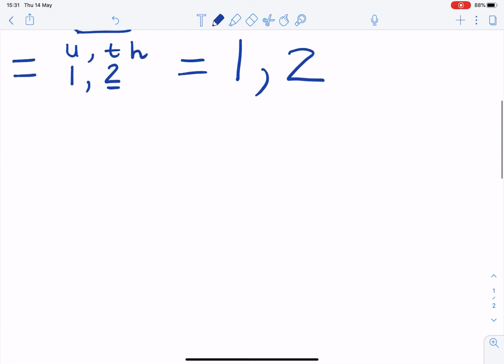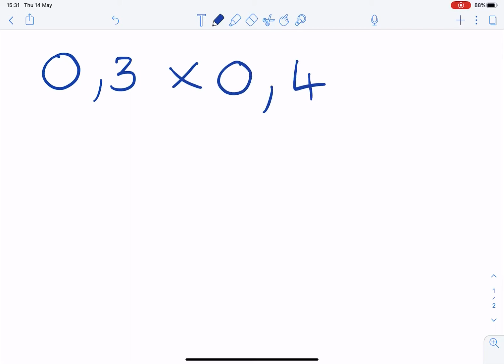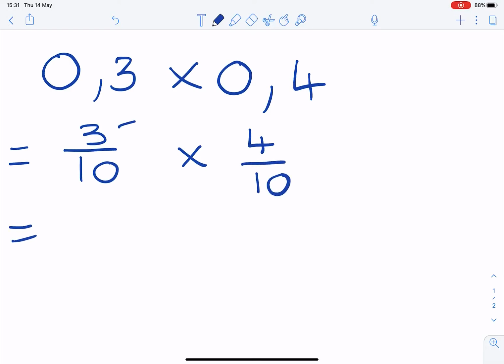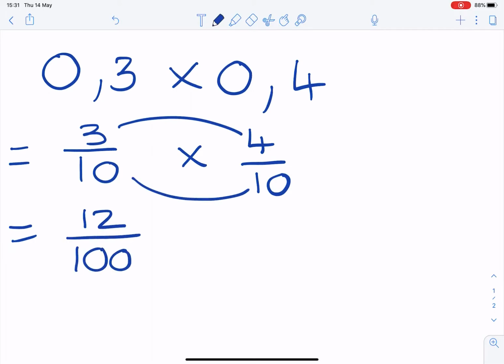Let's look at that slightly differently. Let's look at 0,3 times 0,4. Once again, we change it into common fractions, and we get 3 times 4 is 12, and 10 times 10 is 100.